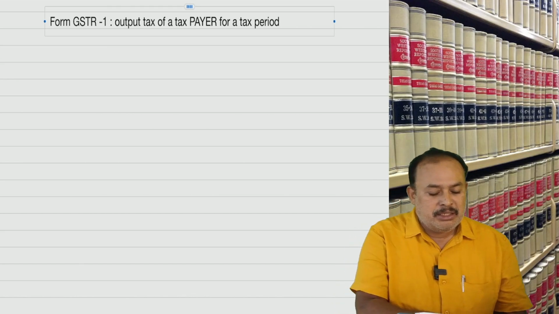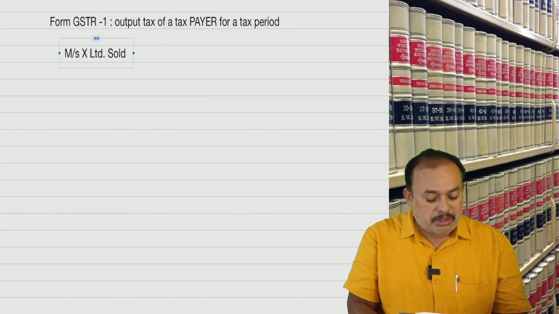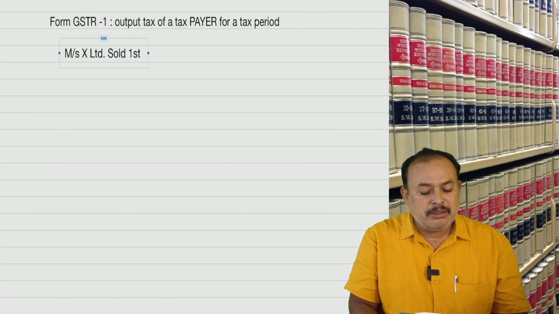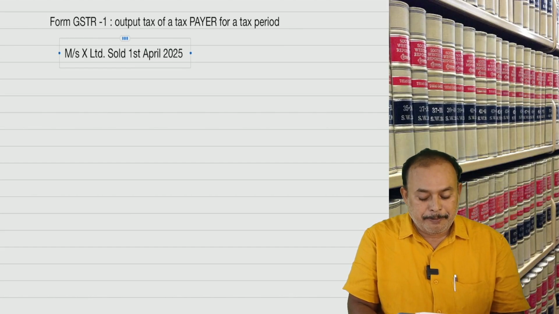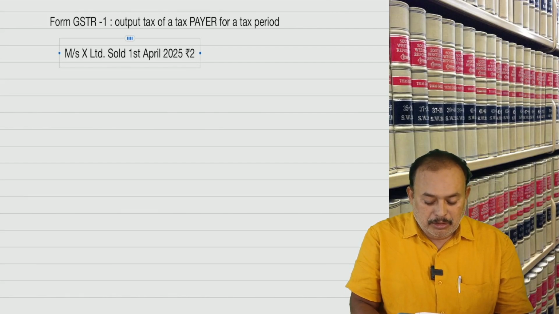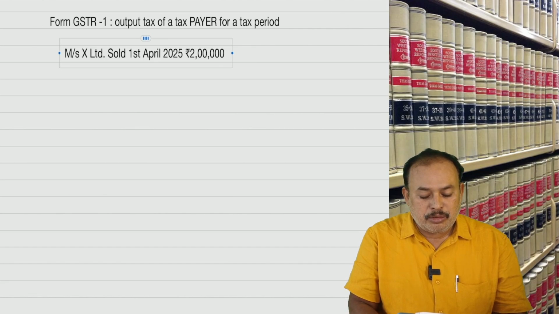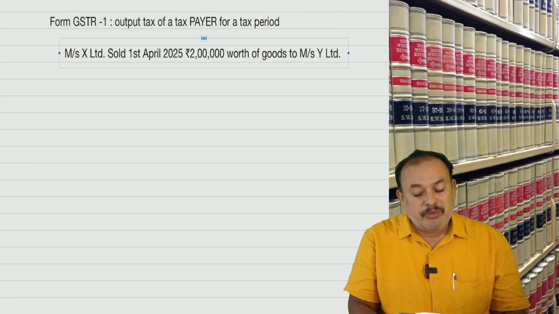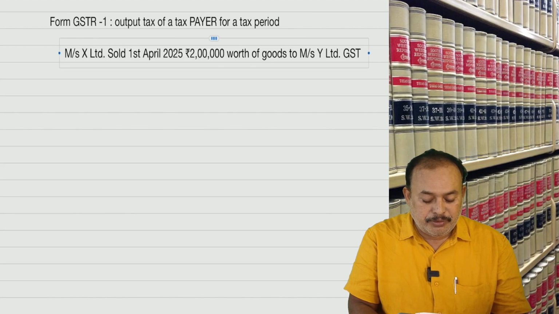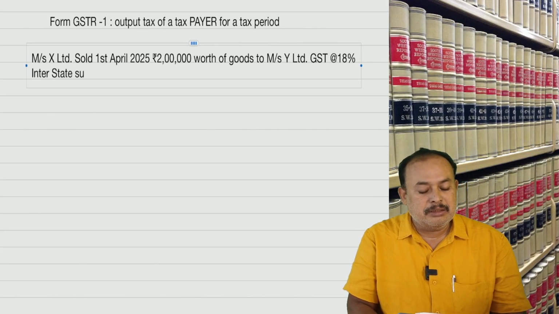What do you mean by this? For example, X Limited sold, on 1st April 2025, 2 lakh rupees worth of goods to Y Limited, with GST at the rate of 18% because it is an interstate supply.